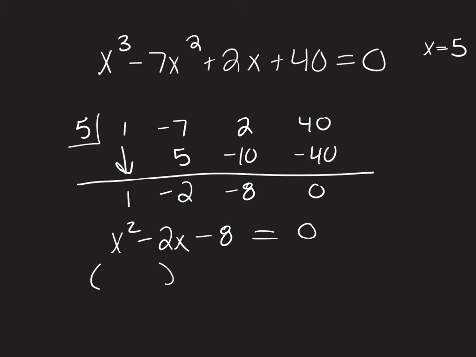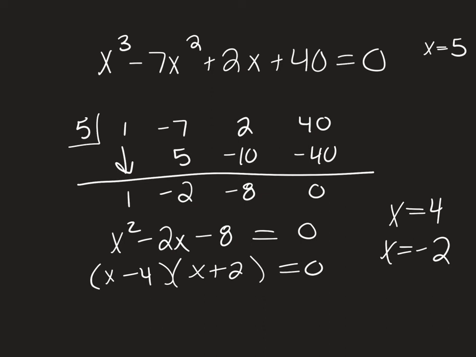And then factors of 8 to get negative 2 would be a minus 4, a plus 2. Then we get x equals 4 and negative 2.